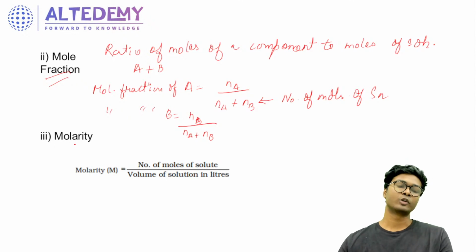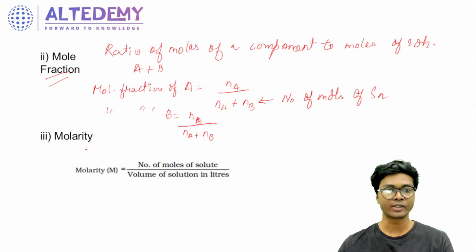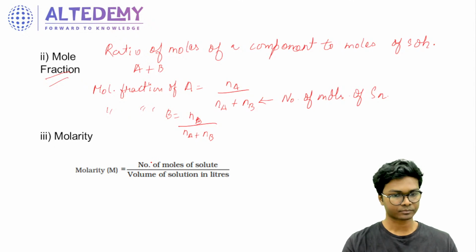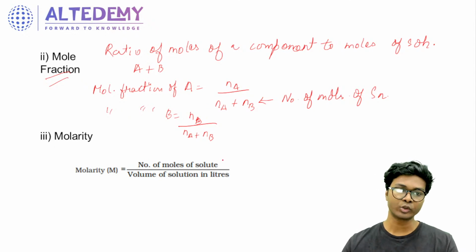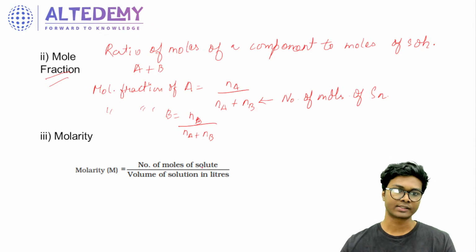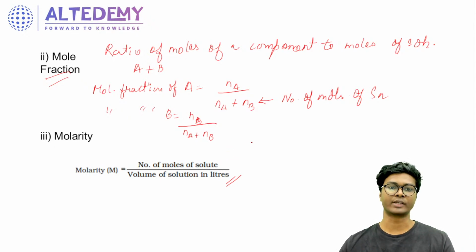The third thing that we have to learn in a reaction of solutions is molarity. What is molarity? The simple definition of molarity is number of moles of solute per volume of solution in liters. As we can see, it is written mathematically. In a solution, A is the solute and B is water.